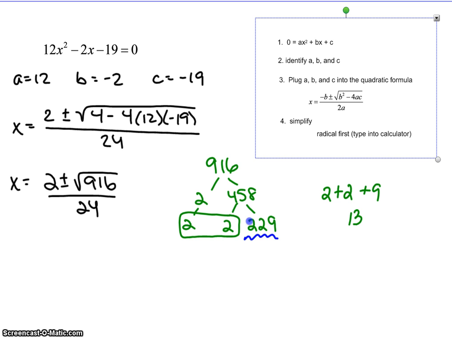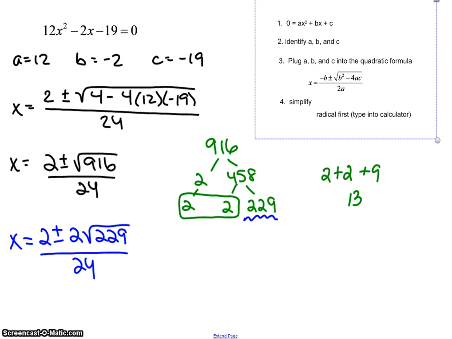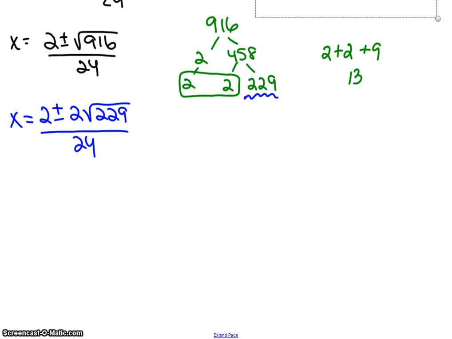So what I have then is 2 plus or minus. When I simplified the square root of 916, I got a pair of 2s, so I took the 2 out. 229 is by itself, so we'll leave it in, all over 24. Now, remember, if I simplify, what has to happen is I have to be able to divide the same thing out of all 3 of those parts, which I can. I can divide a 2 out of each of those.